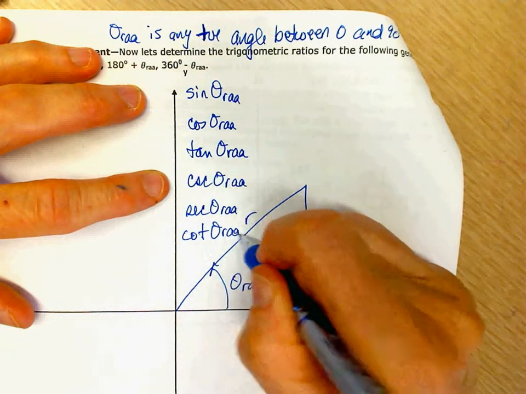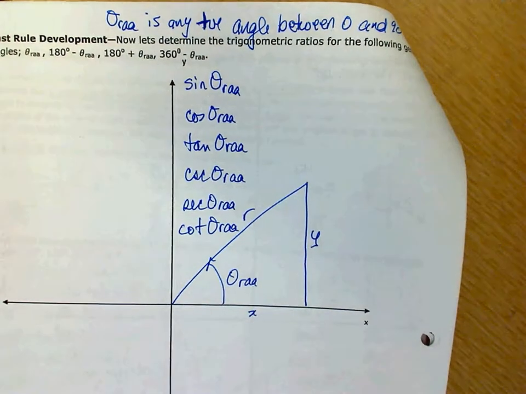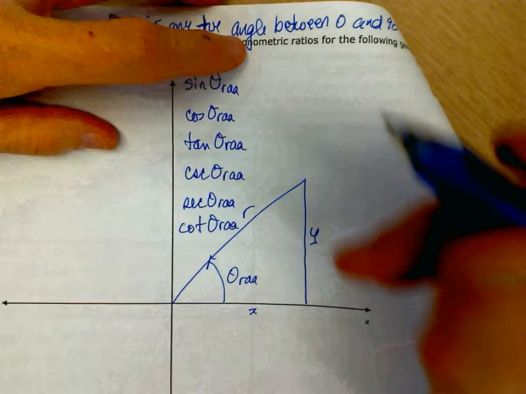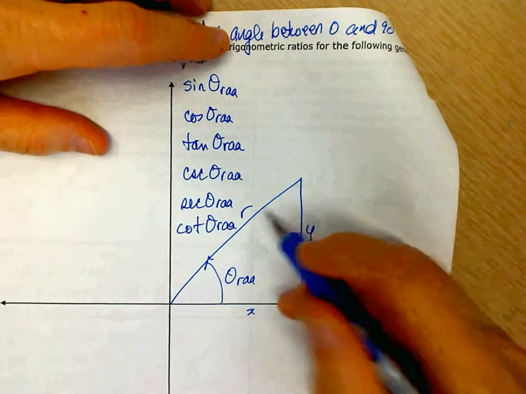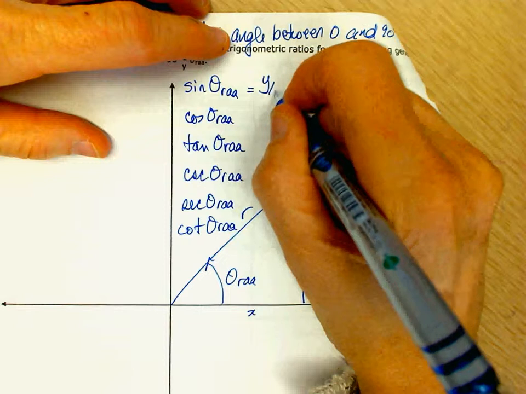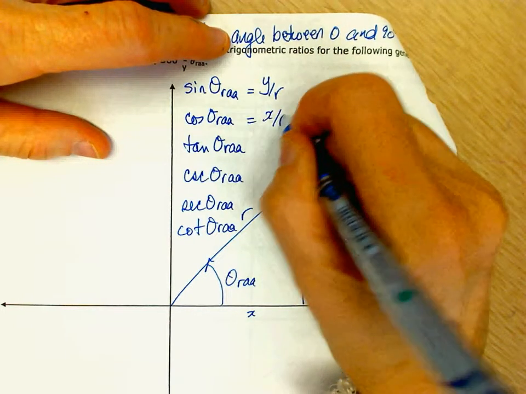Well, you know, sine is opposite over hypotenuse. Cos is adjacent over hypotenuse. Tan is opposite over adjacent.